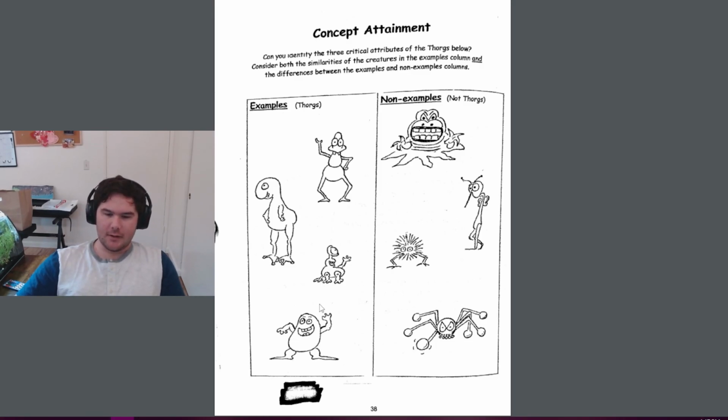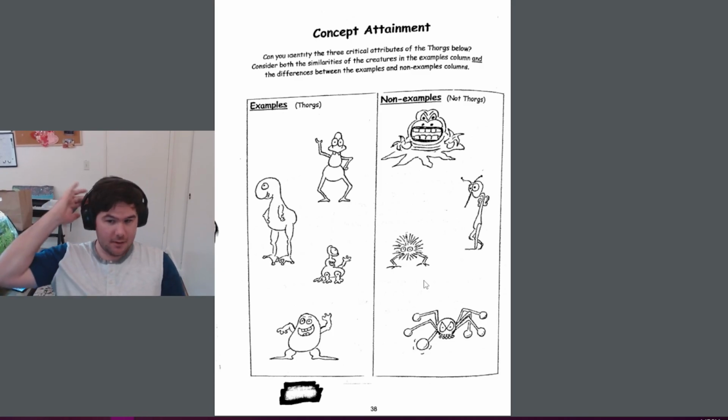That was the first thing I figured out: every single character on this side has 4 limbs, while every character on this side has varying numbers. 2, I don't even know what you call those, 2 here, and then 6 here. That was the first characteristic I figured out.